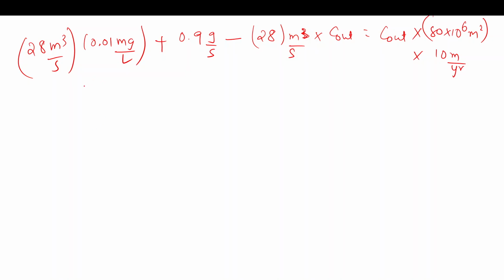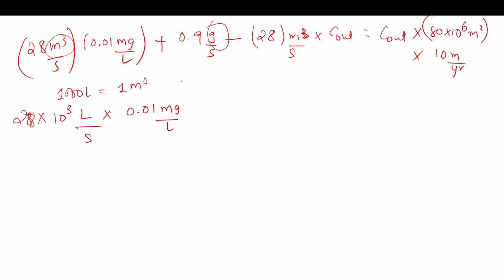Since the units are not matching and not consistent, we need unit conversion. So let's convert meter cube to liter. 28 meter cube per second: 1000 liter is equal to 1 meter cube, so this will be 28 into 10 to the power 3 liter per second. Then 0.01 milligram per liter.